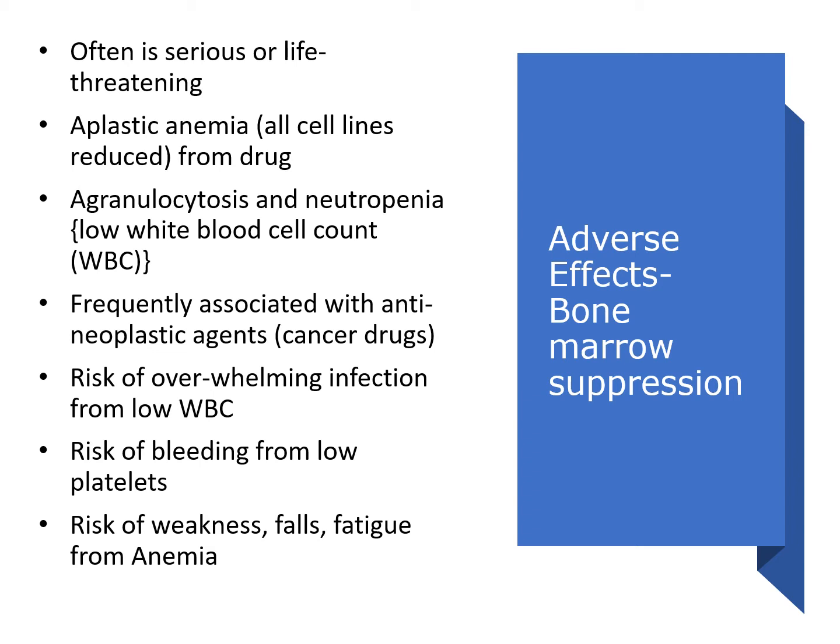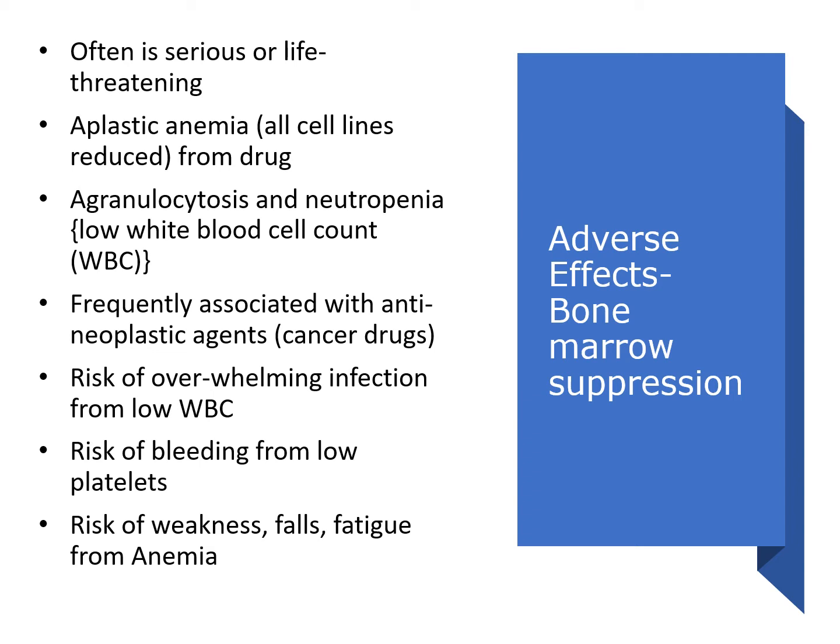The bone marrow is rapidly dividing, so you're going to get bone marrow suppression. The hair follicles and skin, so you're going to get skin ulcers, hair loss. So that's just a bit about chemo. Bone marrow suppression can happen from many different drugs, but chemotherapy agents would be the most common.